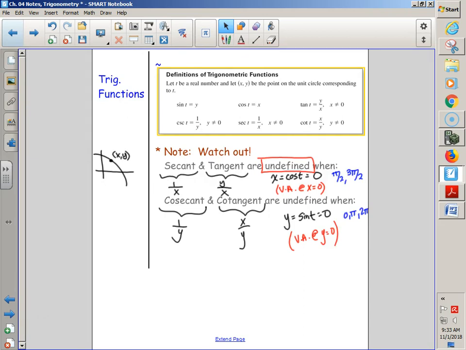A negative over a negative is a positive, tangent's positive. So, negative, negative, positive, negative, negative, positive. And that was the answer. Or you could just say, everybody's negative but tangent and cotangent who are positive.